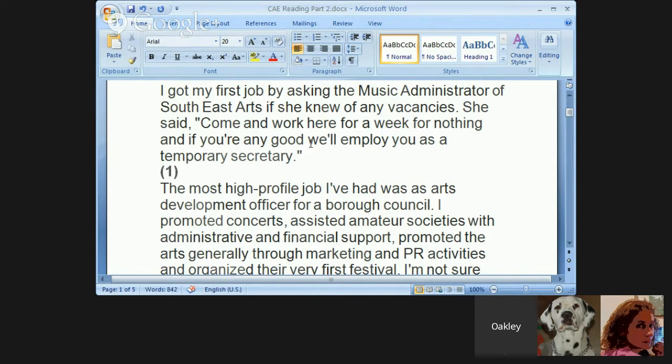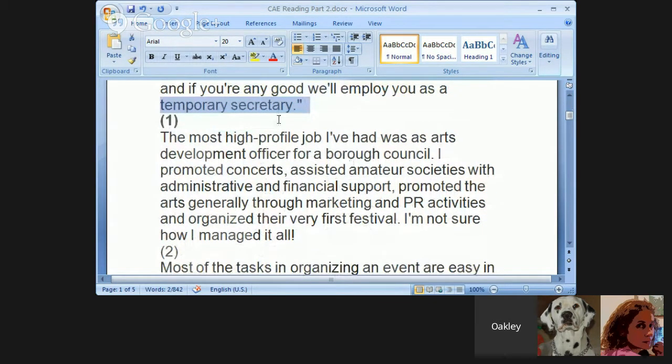All right, this is a very valid point. When I was talking to Max, I just mentioned, oh, it could be about being a temporary secretary. It could equally be some kind of comment that's related to the beginning of the next paragraph. The most high-profile job I've had was as art development officer. It could also be something about this was a very low-profile job. So this may be a contrast.